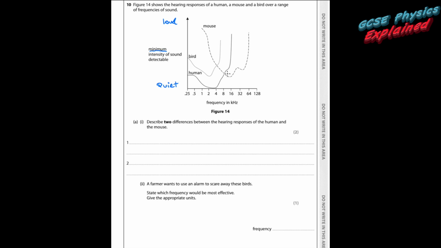So for a mouse to hear, the minimum intensity of sound is higher than the human. And generally, mice can hear higher frequencies than humans. So there's a few different things we could put.